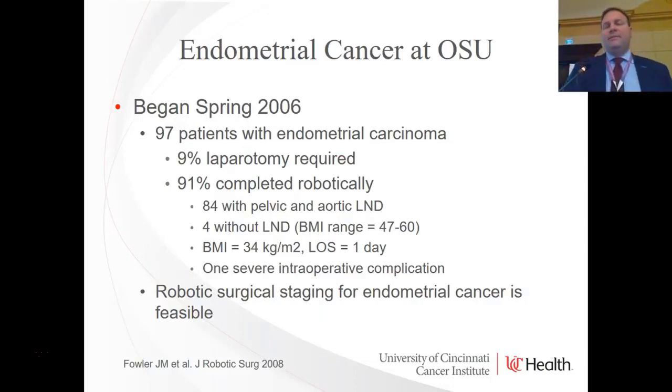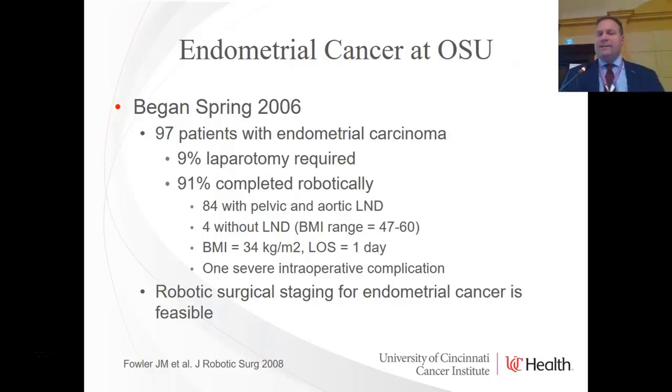So when I was at my previous institution, Ohio State, we did a number of early research studies looking at factors related to robotic surgery and what some of the advantages might have been. We looked at the first 97 patients with endometrial cancer that we operated on there. About 9% required conversion. The majority were able to have complete lymph node dissection.